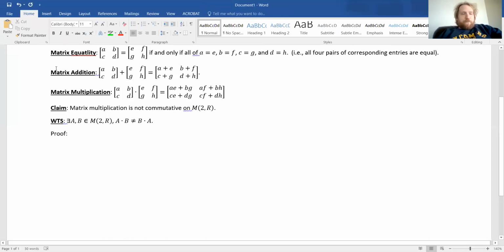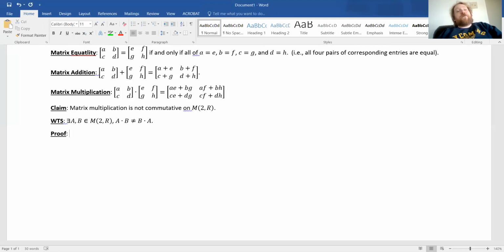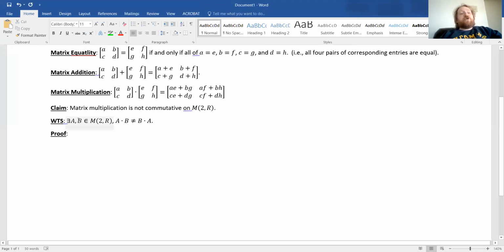Now, let's see. To prove this, we need to choose A and B to be two matrices. Because we have an exist quantifier, we can choose A and B to be whatever two matrices we want.